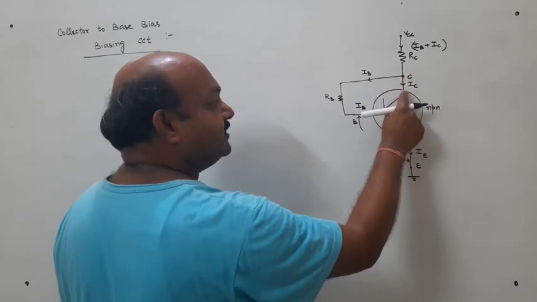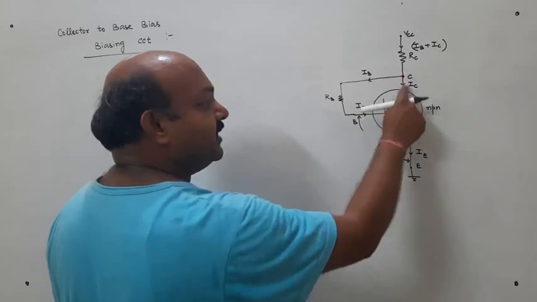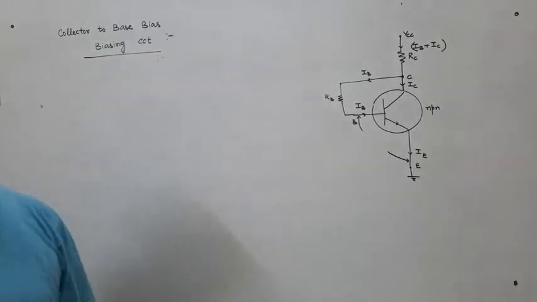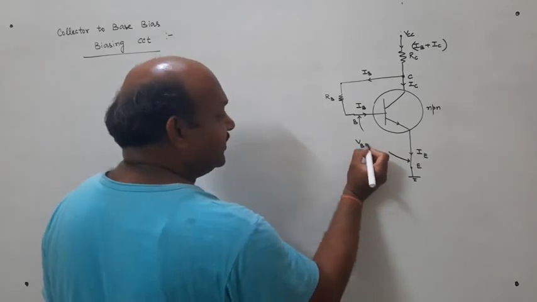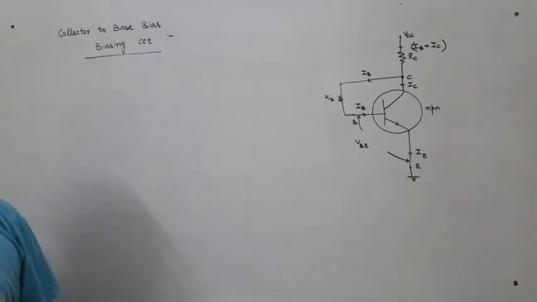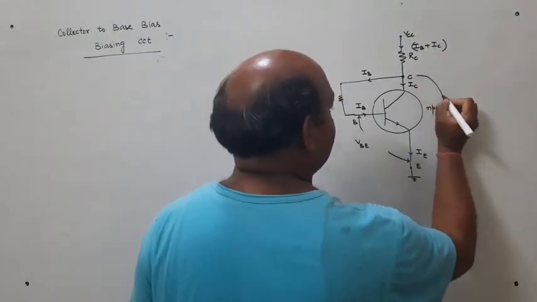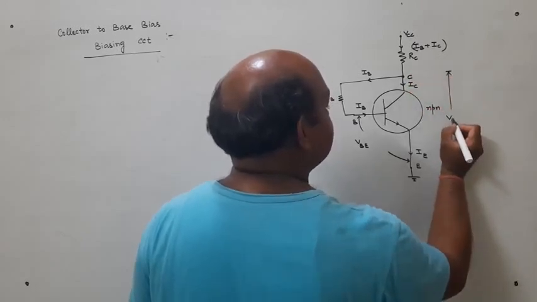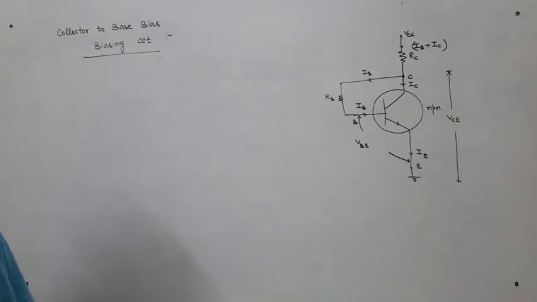IC goes towards the collector, IB goes towards the base, and they again unite and give us emitter current. Here voltage VBE is the potential difference between the base and emitter, and if we mark it like this, it will be VCE, the potential difference between collector and emitter.